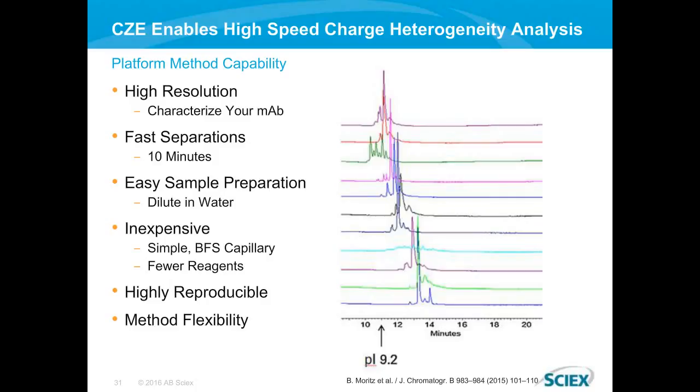Because you don't have all of those reagents and you can use a simple bare fused silica capillary, it's also less expensive than running CIEF. And it's, again, highly reproducible, which I showed you the RSDs on the last slide. And method flexibility is much easier. It takes far less time to optimize and develop a method for CZE than it does for CIEF. There's much less tinkering usually that you have to do.